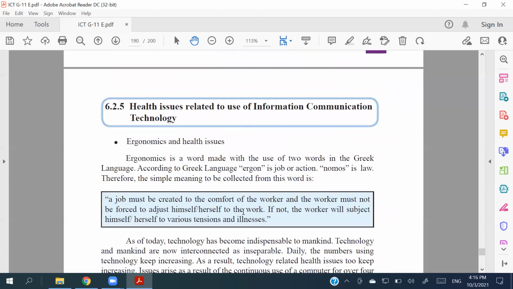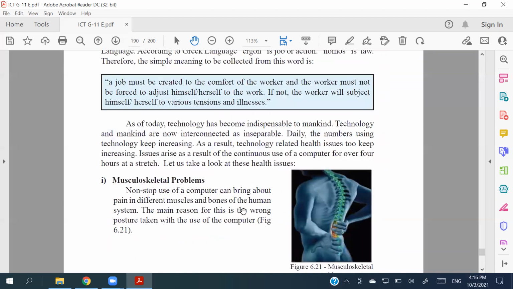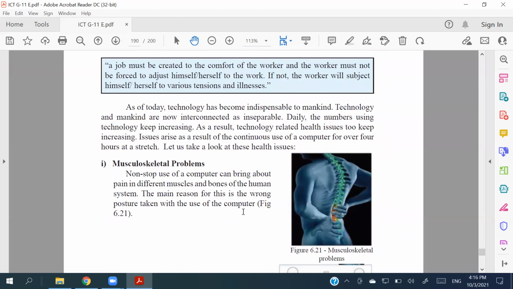And yeah, later they are talking about the health issues related to information communication technology. So now this is very frequent. Even myself got some issues in last few days. It is because now we tend to do online teaching and doing all the things online.